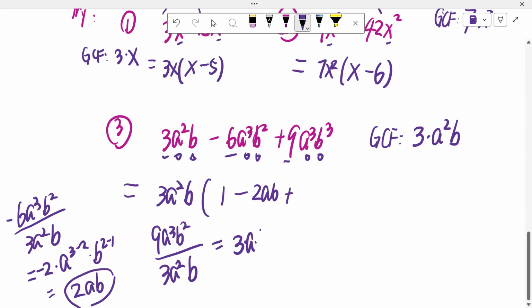B squared over b is b. And b cubed over b is b squared. So we end up with 3ab squared. Yep. Any question about this?